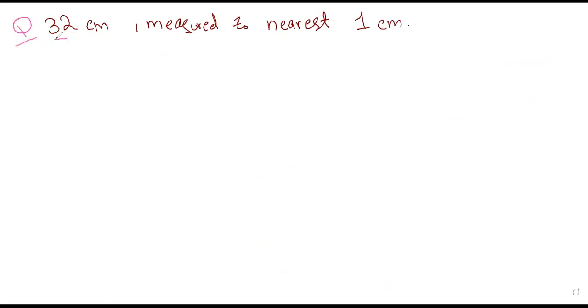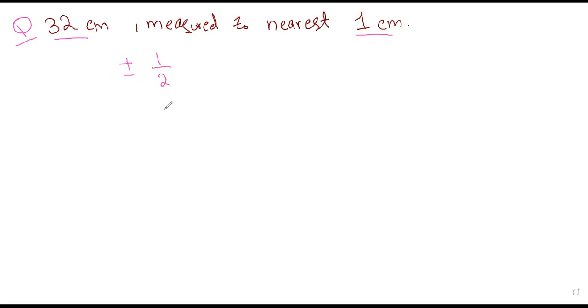Okay, again, this is the value and it is measured to nearest 1 centimeter. Again, step 1 is to find the error, right? How do we find error? 1 divided by 2, that is 1 by 2, right? So this means that our error would be plus minus 1 by 2.